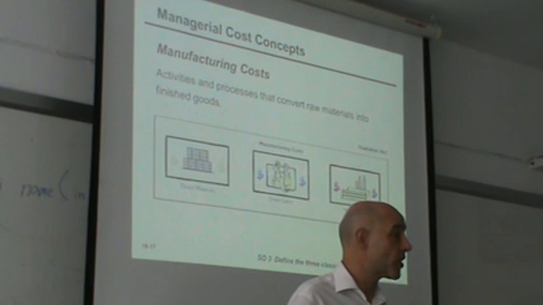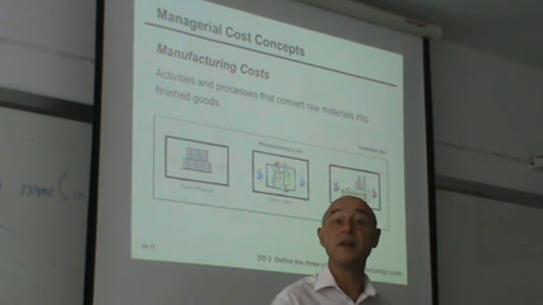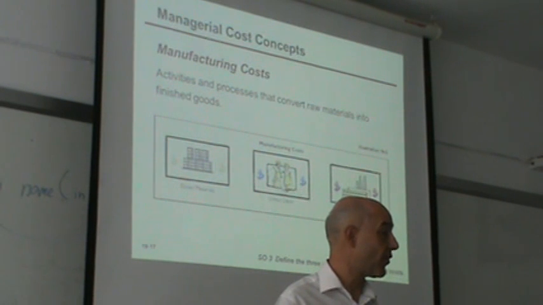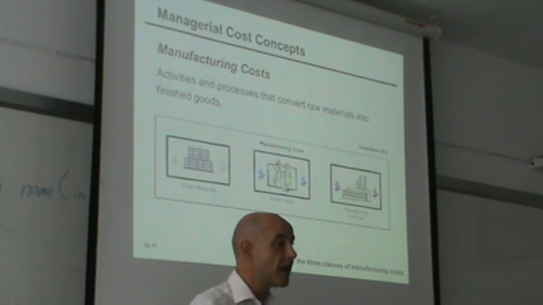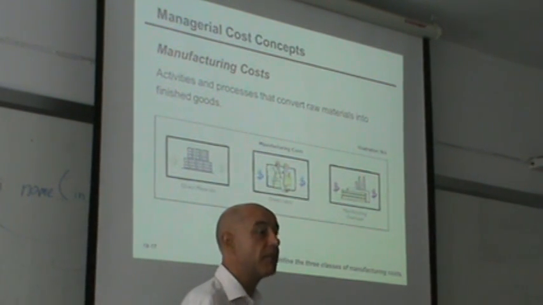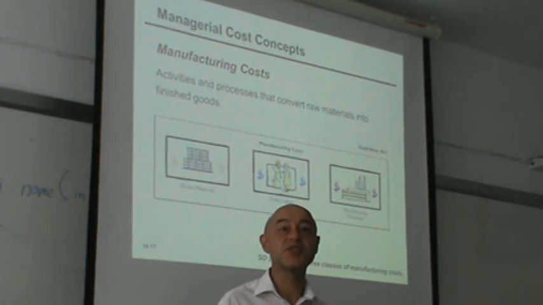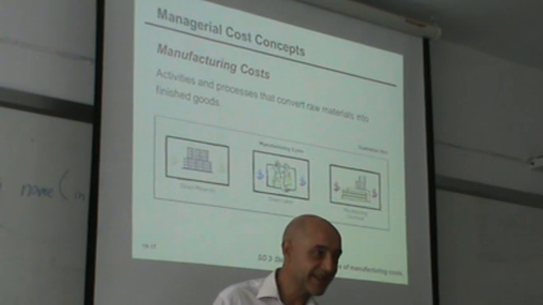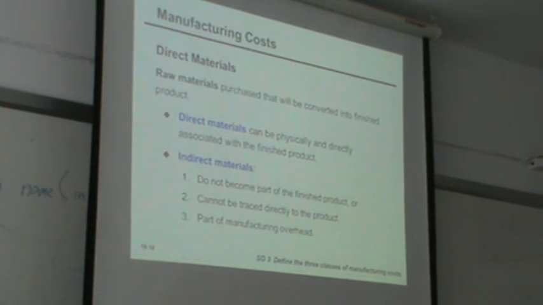For your homework assignment for next week, you have many exercises, 3, 4, 5 exercises where they just give you the cost, and you just have to determine, say, oh, it's direct material, oh, it's direct labor, or manufacturing overhead, okay? So let's look at these in more detail.